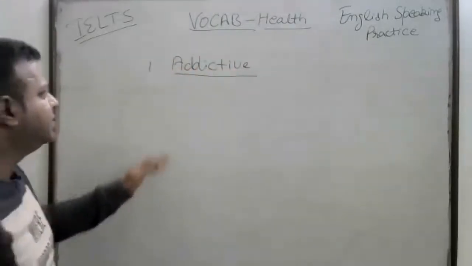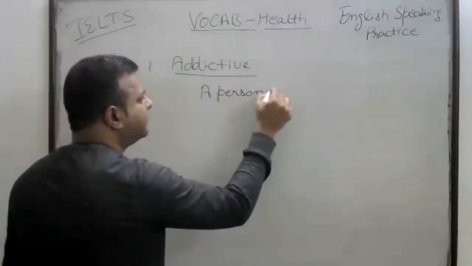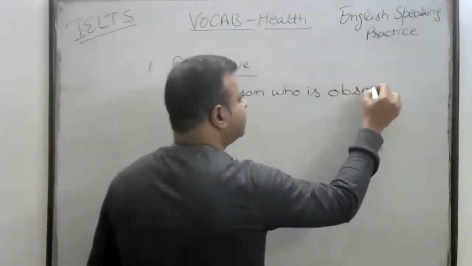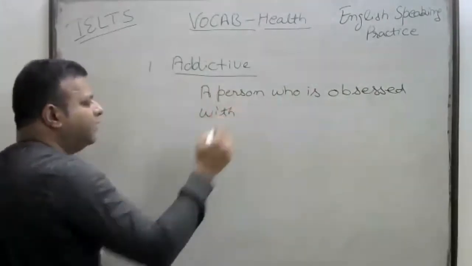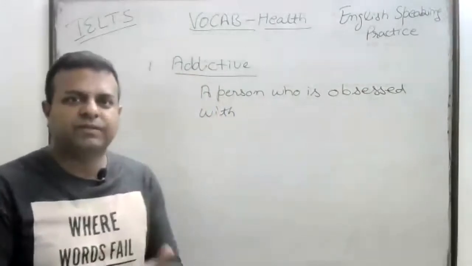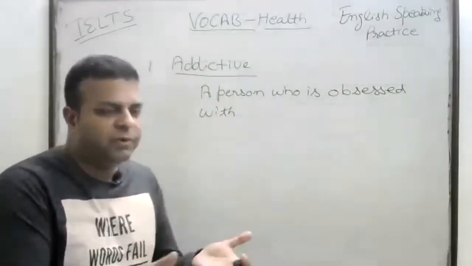Addictive means a person who is obsessed with something. Like you can say he's quite addictive to smoking cigarettes, right? He's quite addictive to, let's say, reading books.